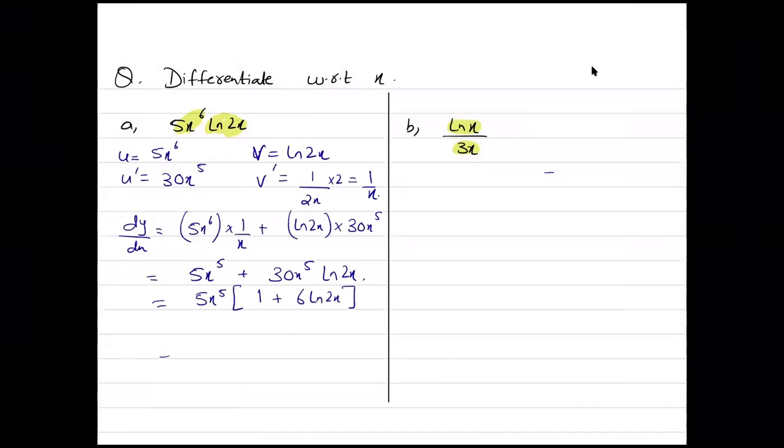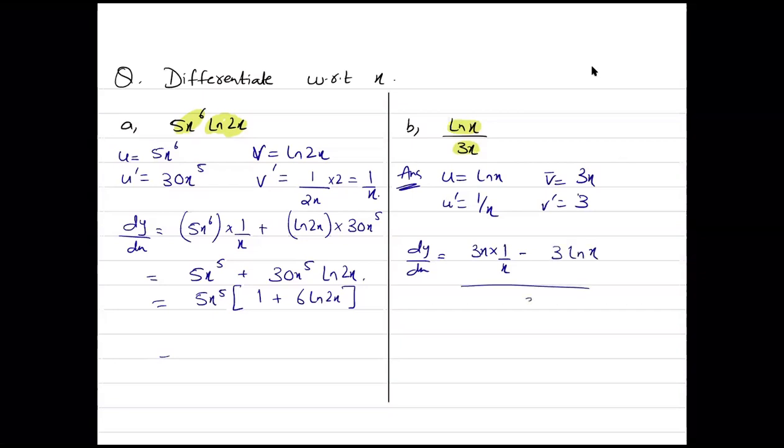Okay, that's it. For the second, u is ln x, v is 3x, u prime is going to be 1 upon x, v prime is going to be 3. Derivative is going to be in the form of vu prime minus uv prime over v squared.